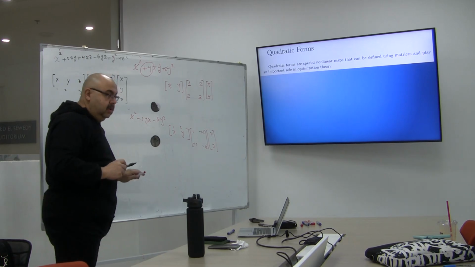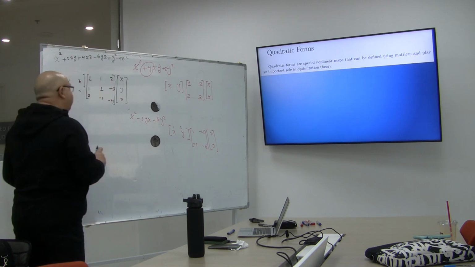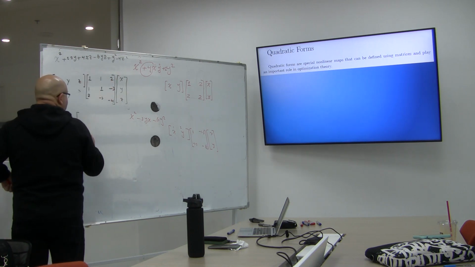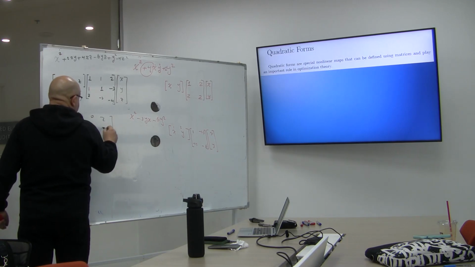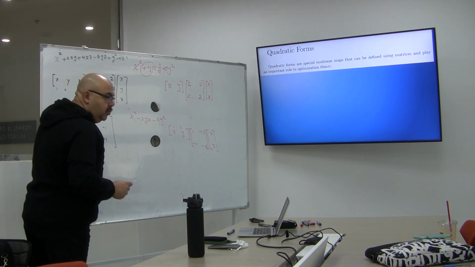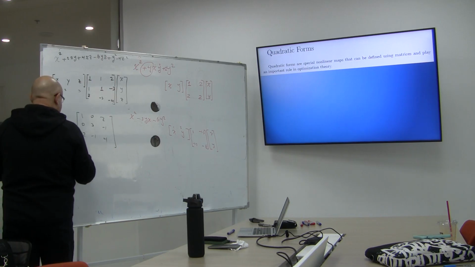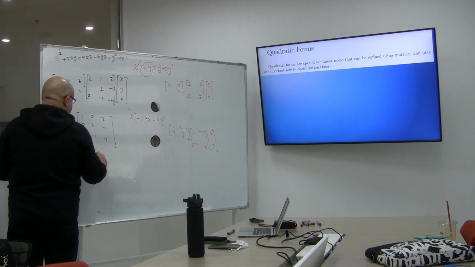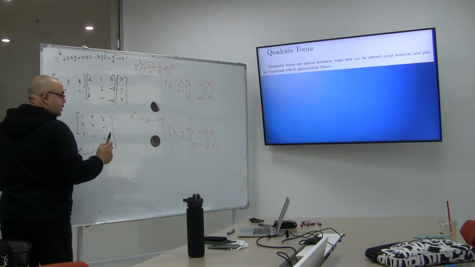It's very, very simple. Also, I can get the quadratic form from the matrix. So if I give you, for example, the matrix 1, 0, 2; 0, 3, negative 1; 2, negative 1, 4, and I need the quadratic form. It's going to be x squared plus 3y squared plus 4z squared. Then 0 in xy.